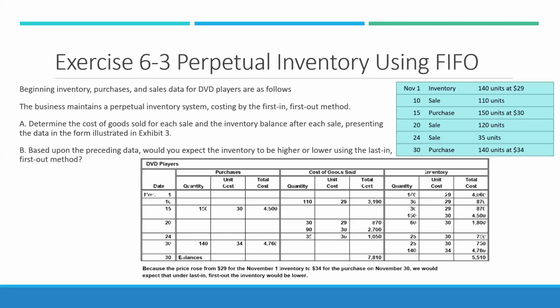And the actual cost at the end is the same as if we use the perpetual method of inventory. The periodic and perpetual methods don't actually impact.